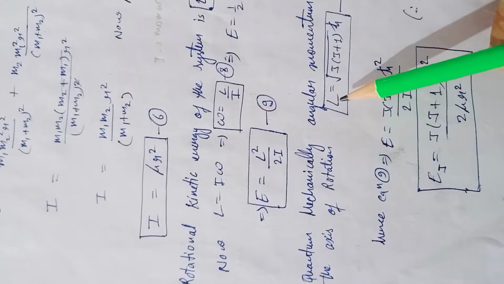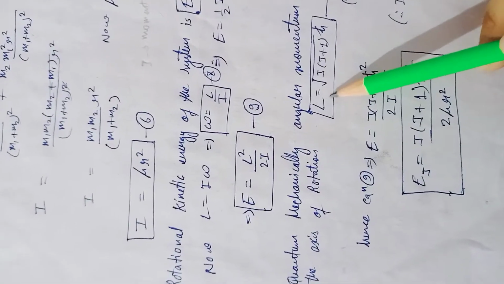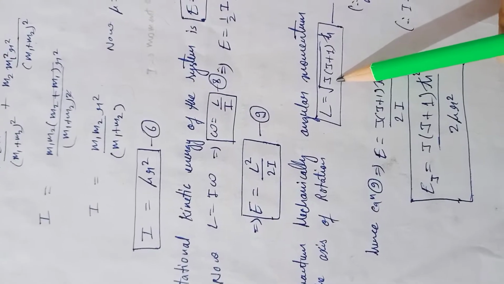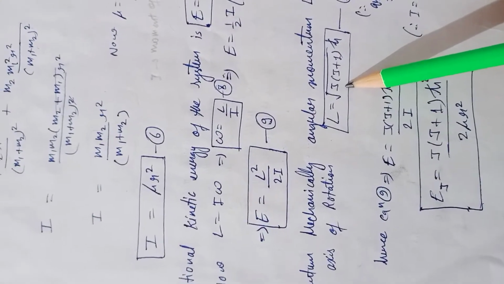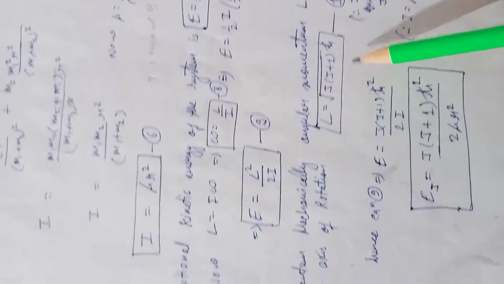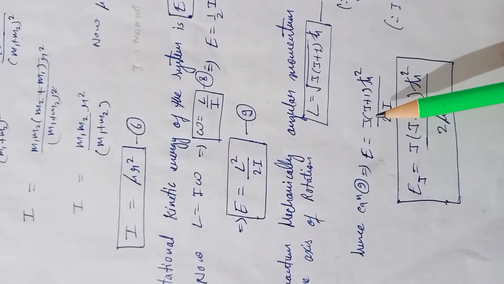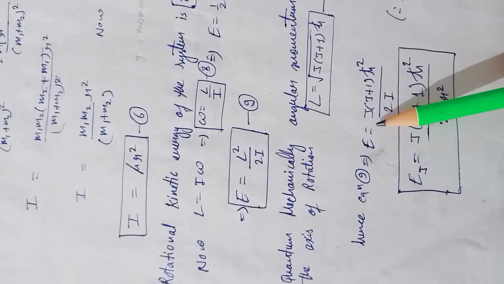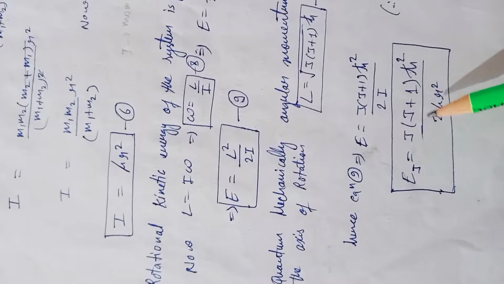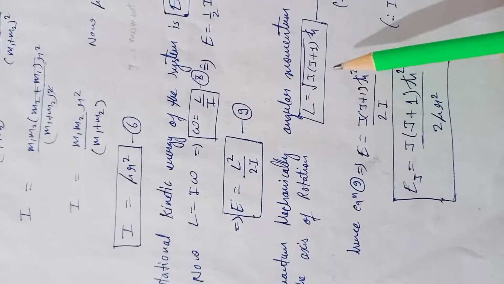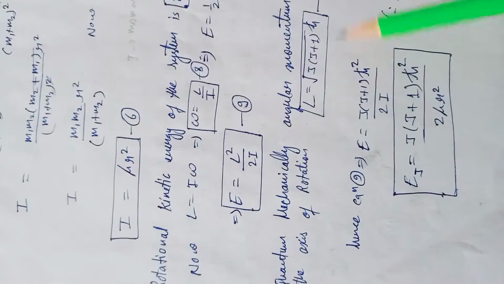Now quantum mechanically we know that the angular momentum is L equals under root J times (J plus 1) h bar, where J is nothing but the orbital quantum number, I is the moment of inertia, and E is the rotational kinetic energy of the system. So we'll put the value here, and since it is L square, we'll square it.